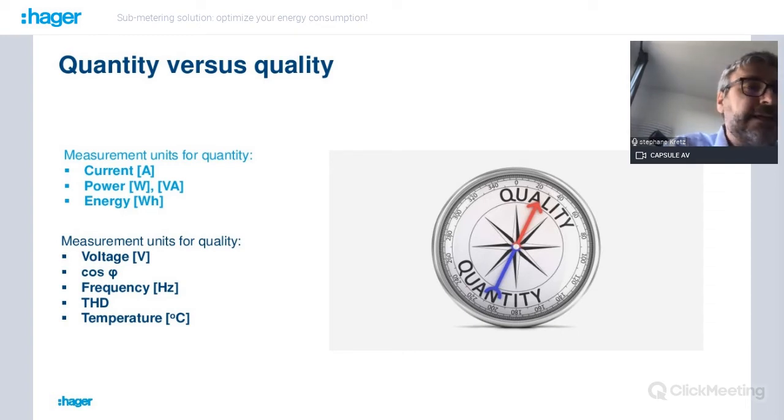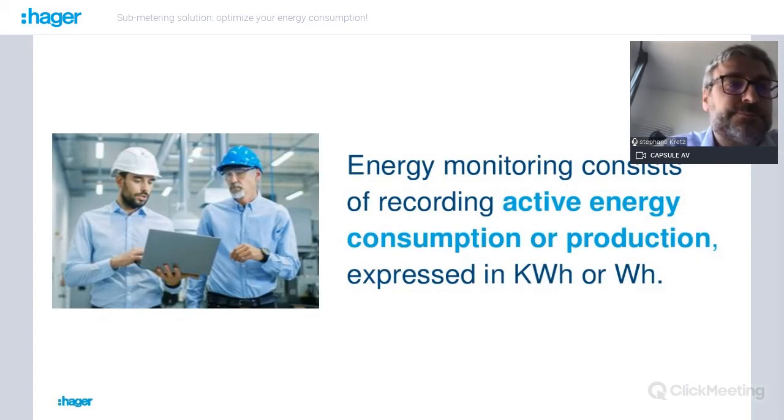Okay, for energy management, clearly we will focus on energy monitoring. This consists of recording active energy in consumption and production, because, as I said, if you have PV or something else, it's also important to understand what happens in your production in order to manage.